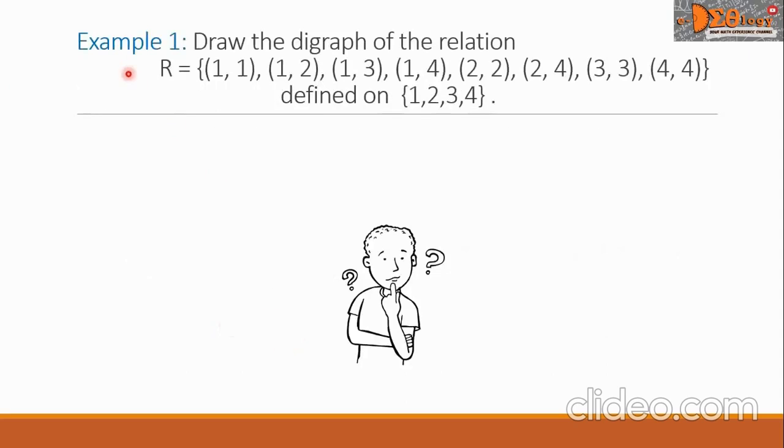Let us see example 1. Draw the digraph of the relation. This is the relation R equals from ordered pair 1, 1 up to 4, 4, defined on this set with elements 1, 2, 3, and 4.